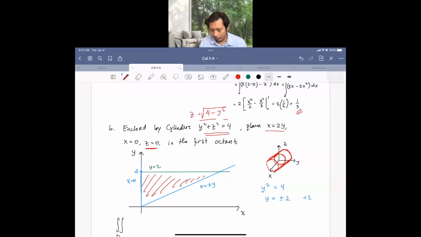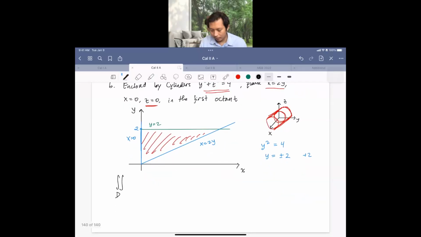Okay. And we could take the square root that is positive because we want to have the first octant. So let z equal the square root of 4 minus y squared because it's in the first octant. So we need to take all positive values.